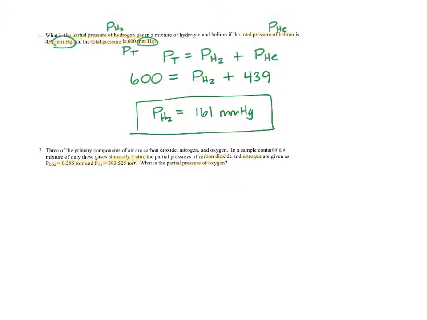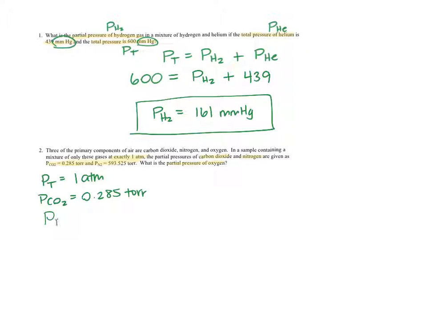So I'm going to show you a different way of solving this. In the top one, it was pretty clear, so I just kind of labeled it as I went. But here I'm actually going to write the knowns on the side. So I'm going to say, okay, I know my total pressure is 1 atm. I know my partial pressure of CO2 is 0.285 torr.